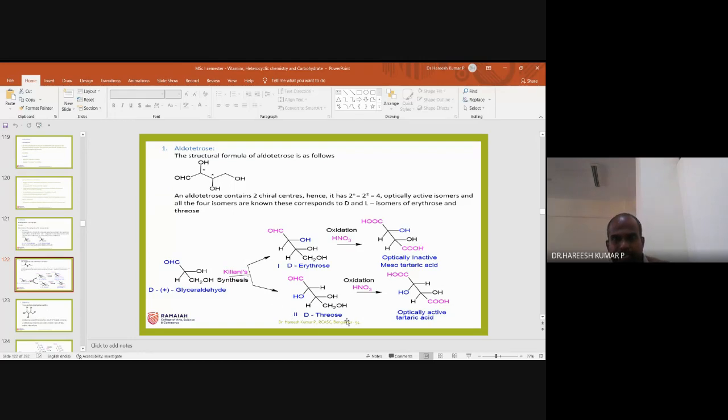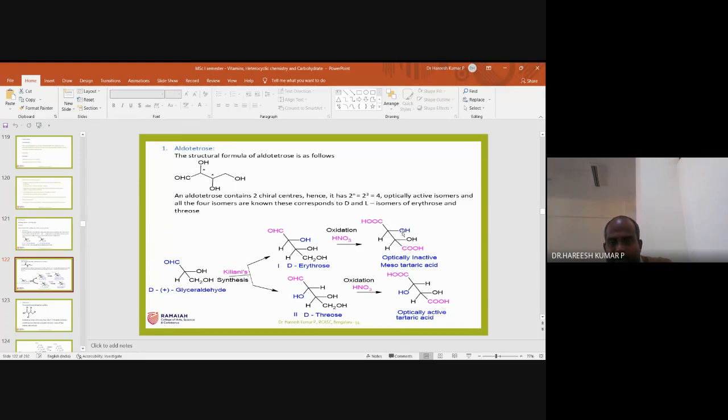And similarly, threose, when it is subjected to oxidation, the aldehyde group as well as the primary alcohol get converted into carboxylic acid. And here the obtained one is tartaric acid, and this moiety does not have a plane of symmetry. If the plane is passing between these two carbon atoms, these two are different only.